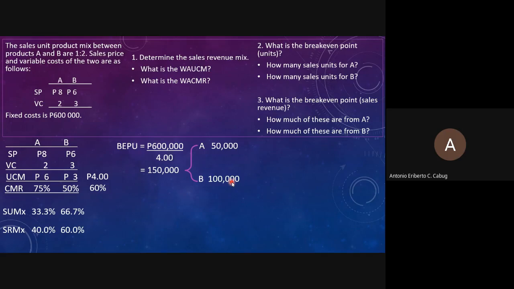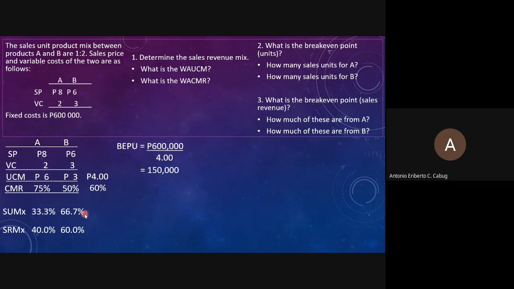Okay. Ilan ang kailangan mong ibenta para mabawi mo gastos mo? Wala kang kita, hindi ka lugi. Kailangan mong makabenta ng 150,000 units. Your break-even point. Ilang porsyento dyan A? 33%, 0.333.